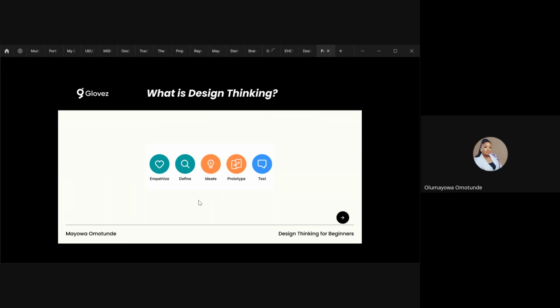As much as design thinking is used by designers in the tech industry, it's not restricted to designers alone. Everyone in the product development cycle should be a design thinker, whether you're a product manager, a developer, or a product owner. Even outside the tech industry, design thinking is employed in other industries as well.